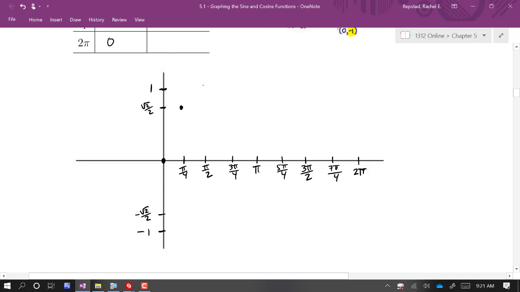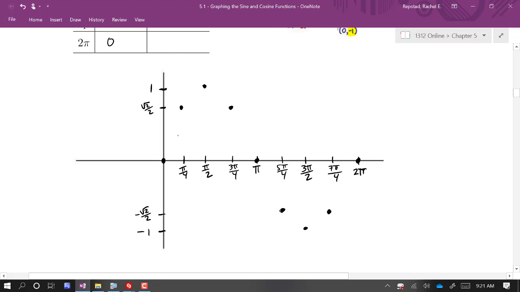Sine of pi over 2 is 1. Sine of 3 pi over 4 is root 2 over 2. Sine of pi is 0. Sine of 5 pi over 4 is negative root 2 over 2. Sine of 3 pi over 2 is negative 1. Sine of 7 pi over 4 is negative root 2 over 2. And sine of 2 pi is 0.